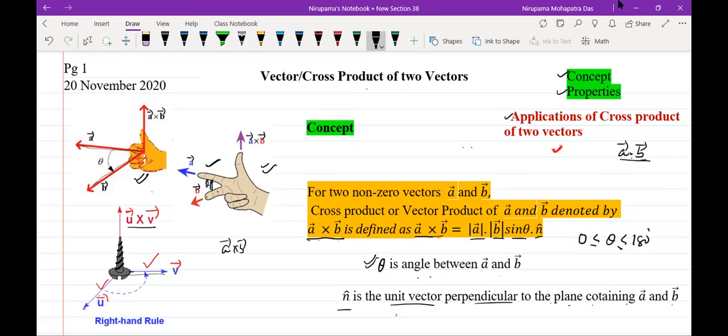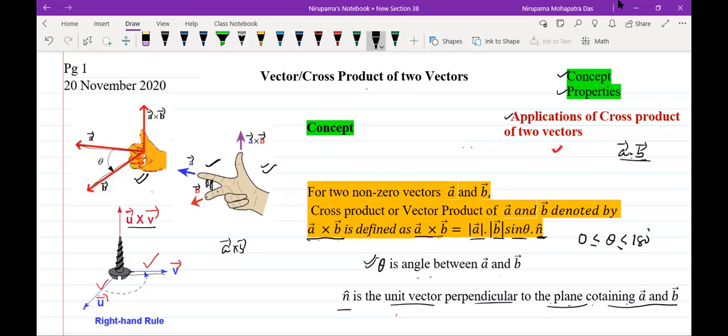Then n cap. Here, n cap is the unit vector perpendicular to the plane containing A and B. One of the characteristics of a plane is that any perpendicular, normal to the plane, is perpendicular to all the lines contained in the plane.